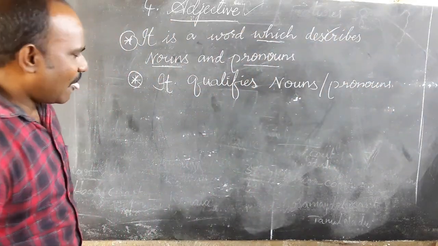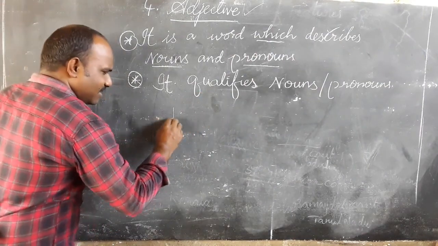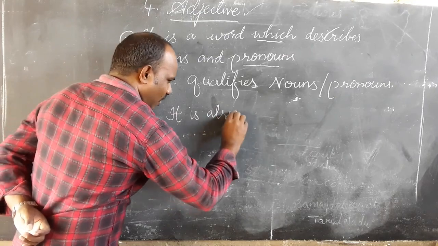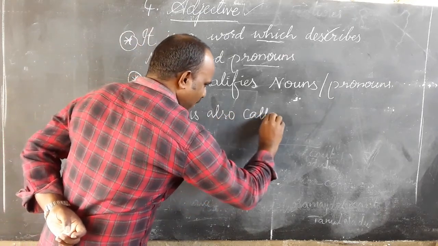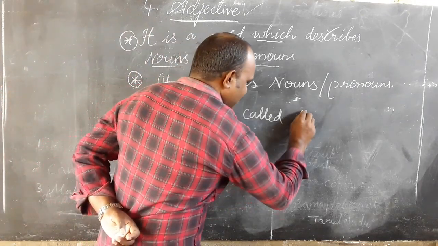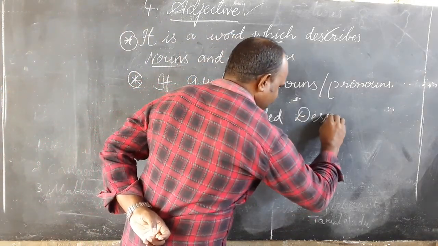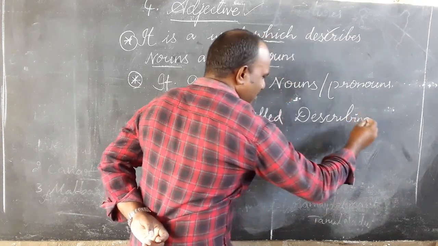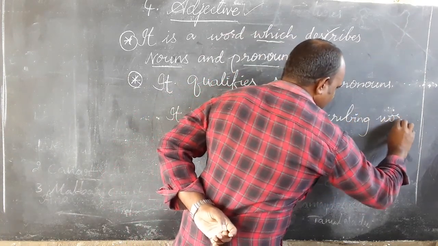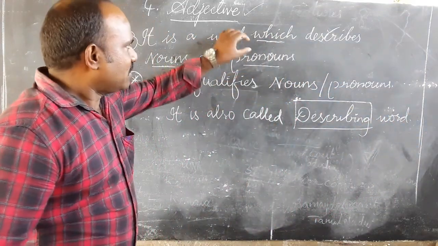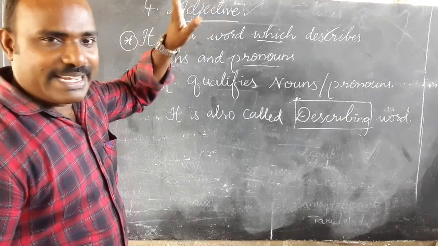That's why it is also called a describing word. See, adjective means here, it is one of the 8 parts of speech.